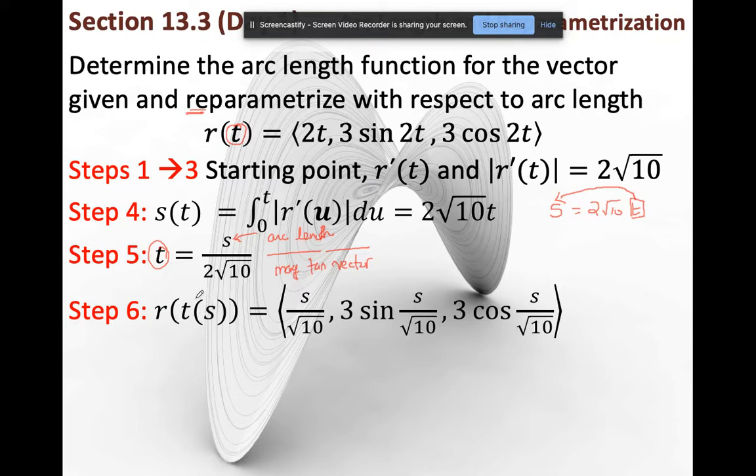So what I'm doing is, instead of inserting time, I'm going to be inserting time in terms of arc length. So every place I saw a t, I put s. Or I'm sorry, I put t in terms of s.